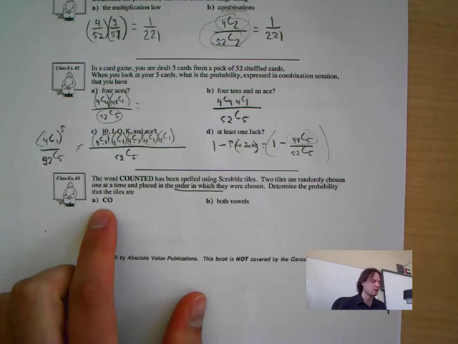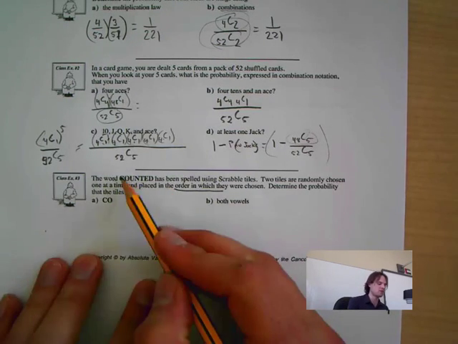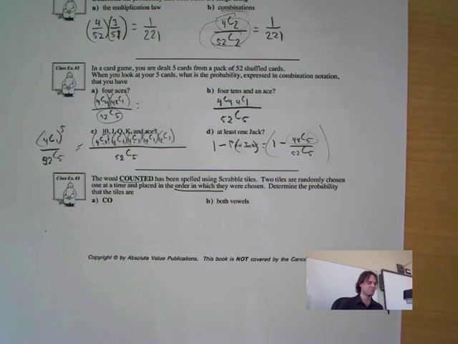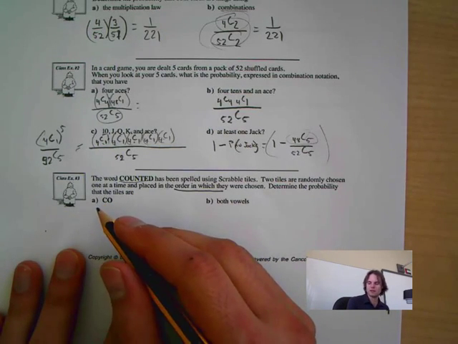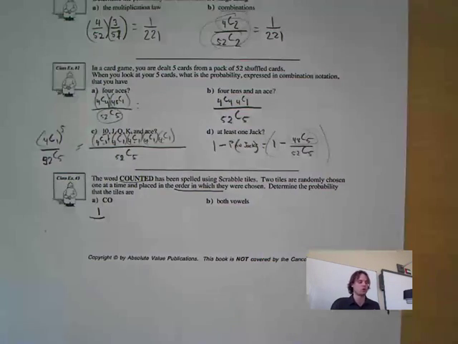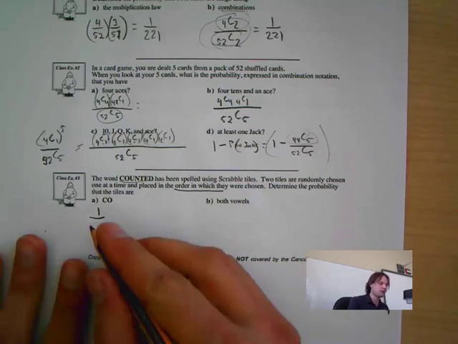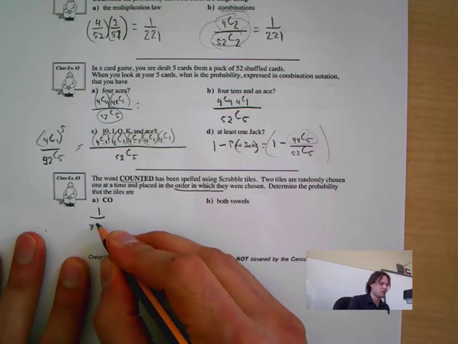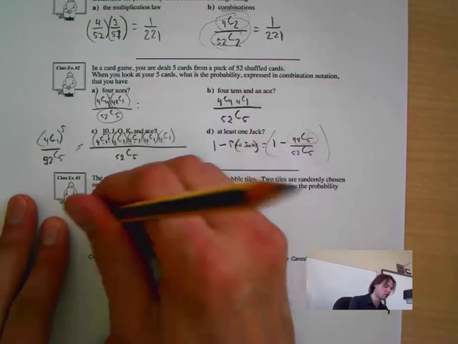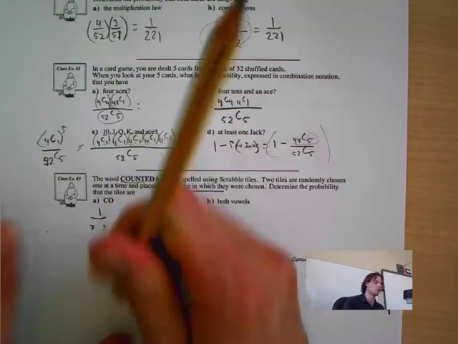This next one here, it says, placed in the order which they were chosen. So we want to know if the first 2 letters, so there are 7 altogether here, were C and O. Well, if I take a look at that, C and O, there's only one way it could happen, C and then O. Order matters. And that's all over 7, not choose, sorry, not combination, it's pick 2, because order matters, right?